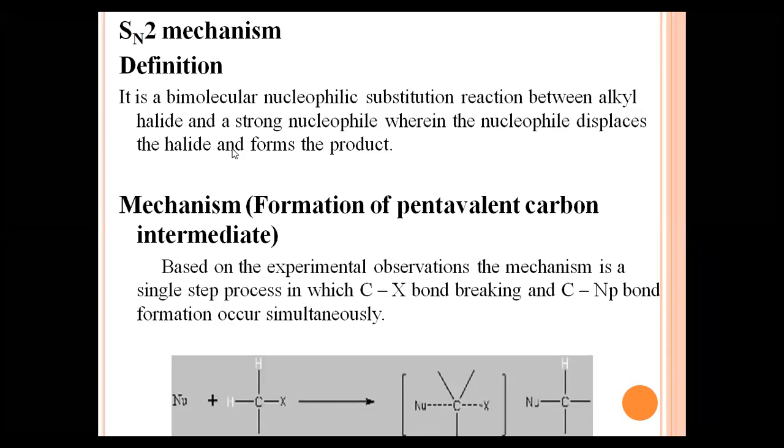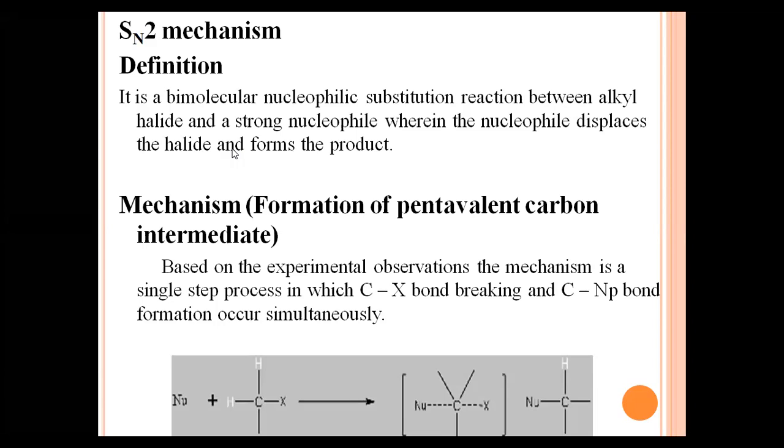So what exactly the role of the strong nucleophile is, is defined here: the nucleophile displaces the halide and forms the product. So this is the complete definition of the SN2 mechanism. That is, it is a bimolecular nucleophilic substitution reaction, and the reaction takes place between the alkyl halide and a strong nucleophile, wherein the nucleophile displaces the halide and forms the product.